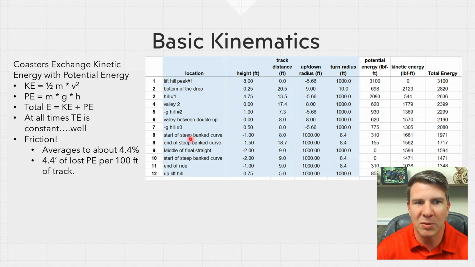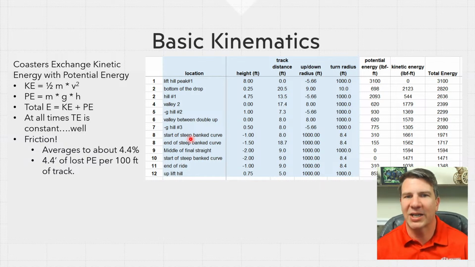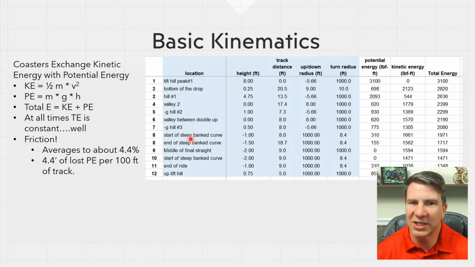All right, let's go into basic kinematics here. Once again, the study of kinematics is treating our cart as a single part that doesn't have its own mass, and we don't have to worry about the rotation of it or the momentum shifting.